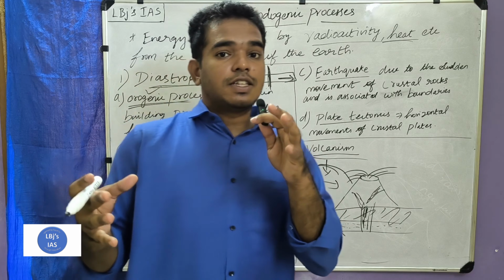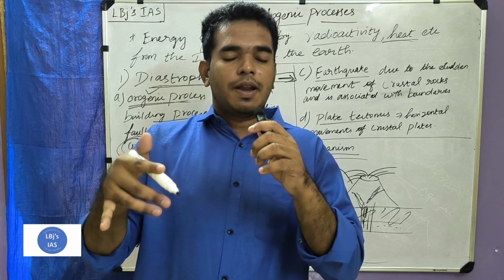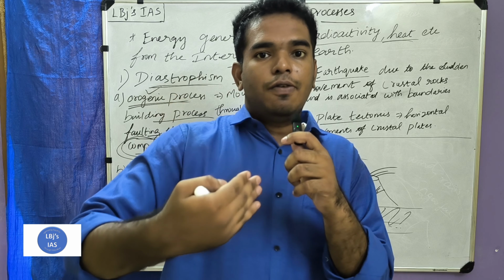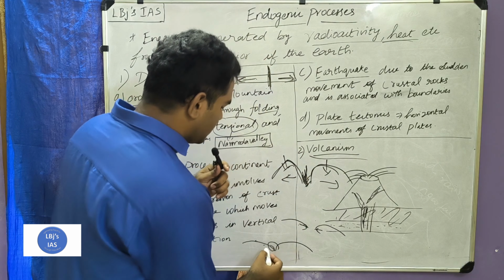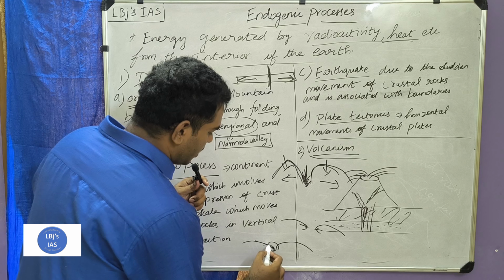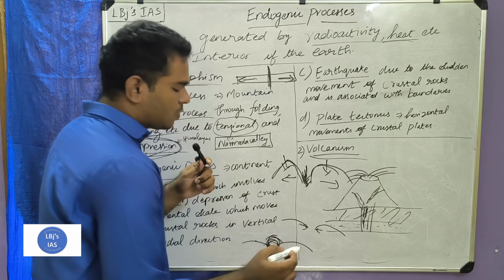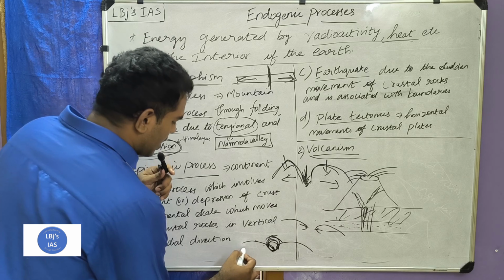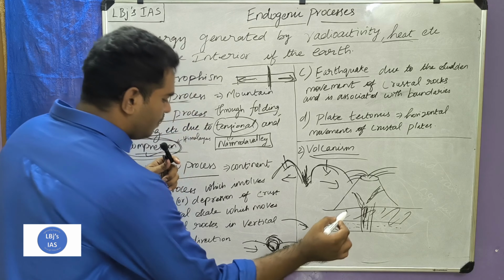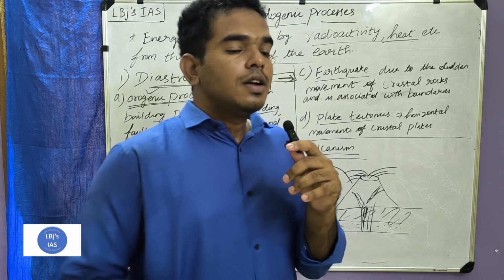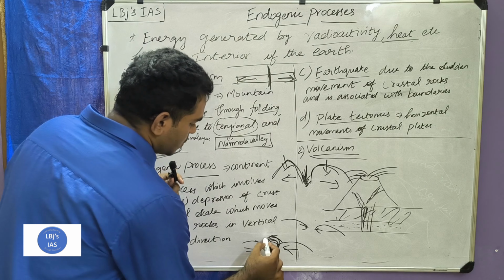If you take for example a piece of paper, if you fold two papers, one paper will fold another paper. Likewise, the crustal rocks will fold each other. So due to the fold, the mountain building process happens due to compression.